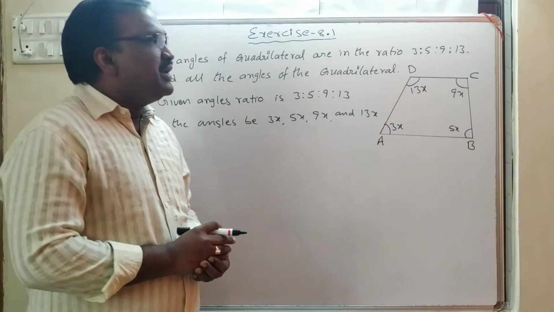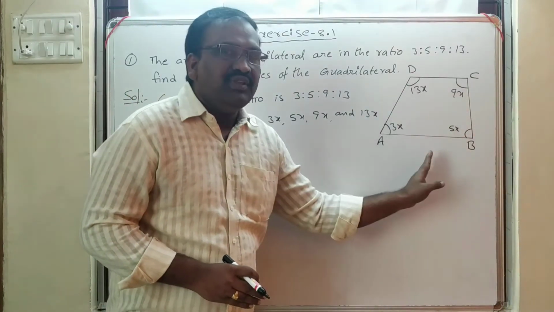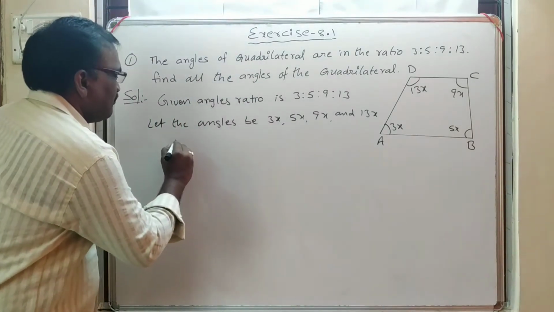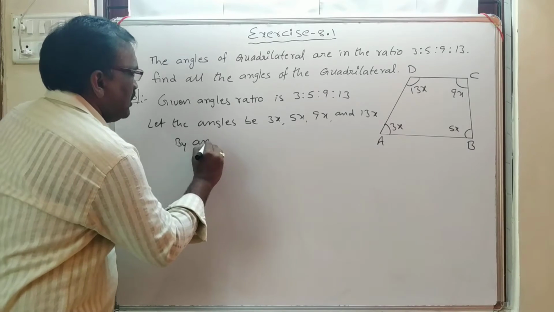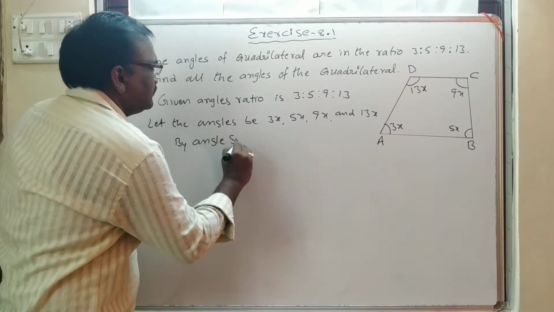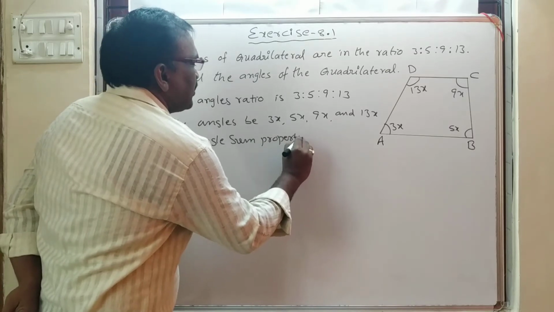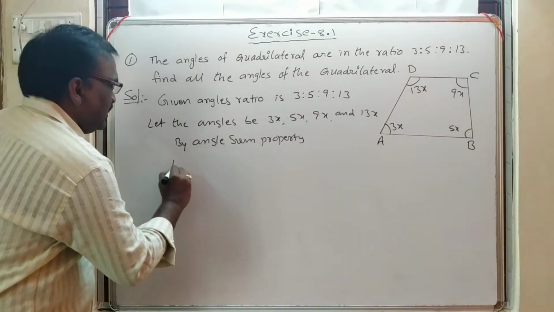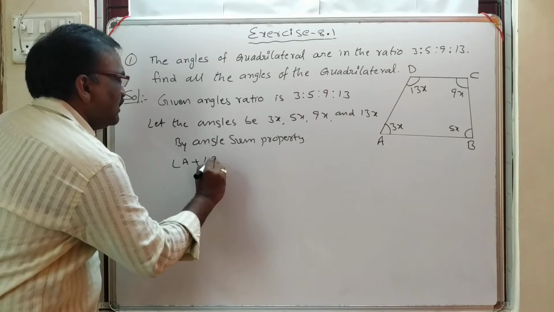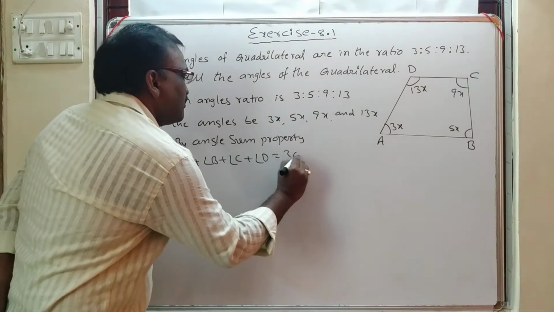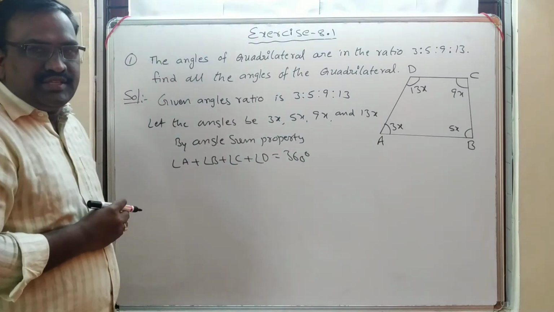By angle sum property, we know the sum of all the angles is 360 degrees. Angle A plus angle B plus angle C plus angle D is 360 degrees.